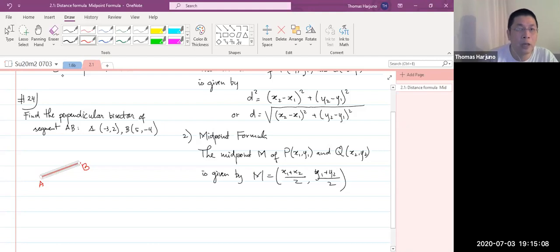Now, the perpendicular bisector is the line that separates this segment into 2 parts. It's a line that bisects that segment perpendicularly.